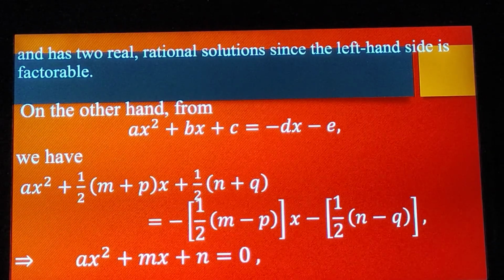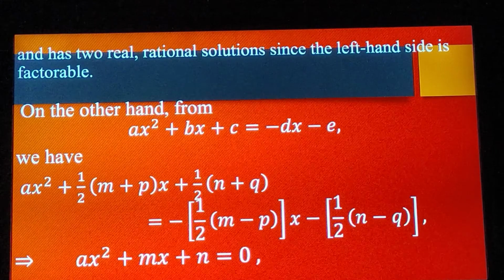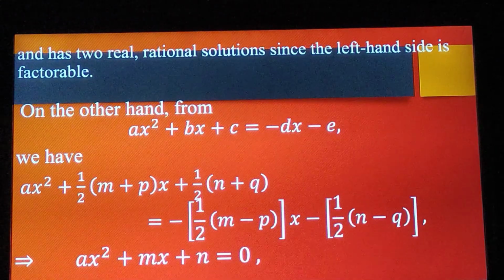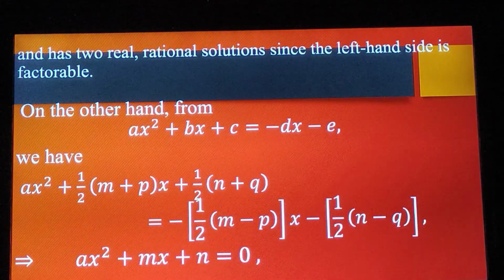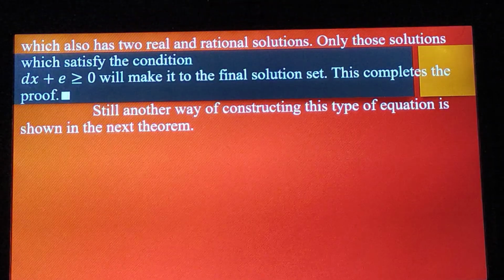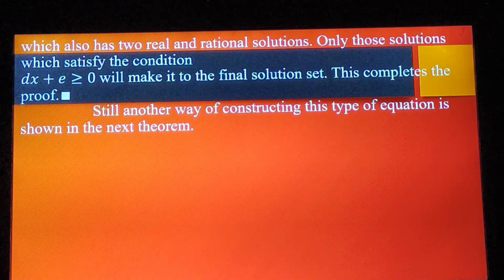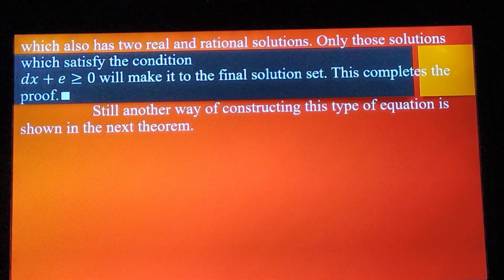Again, the left hand side is the other given factorable quadratic expression in the theorem. And this equation has also two real rational solutions. Again, only those solutions which satisfy the condition dx plus e at least 0 will make it to the final solution set.